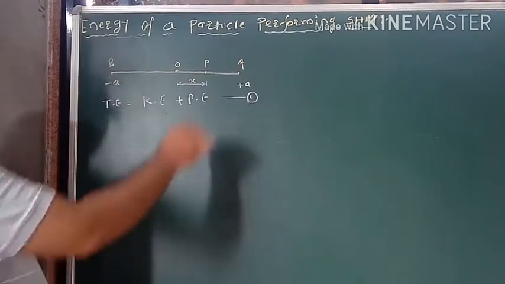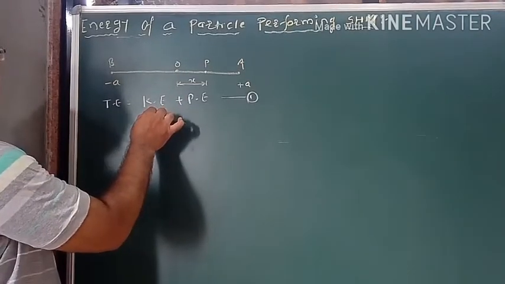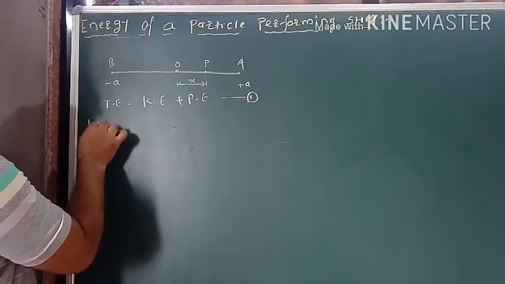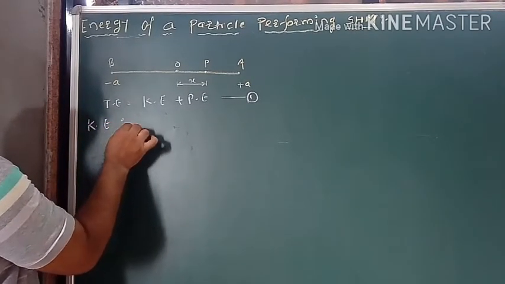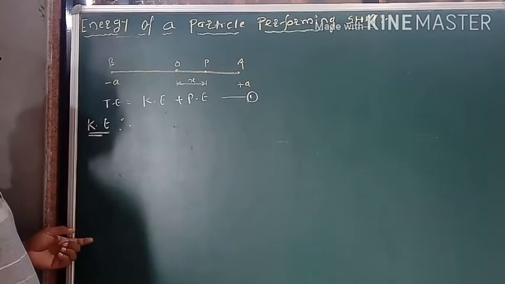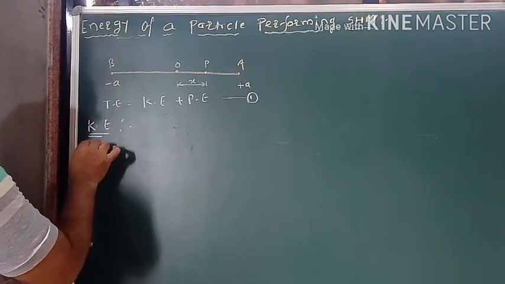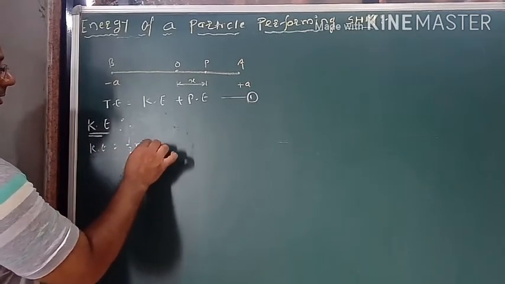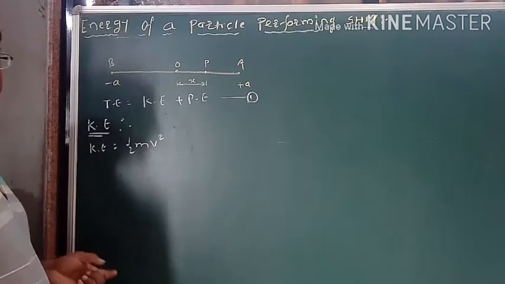First we want to find out the value of kinetic energy at point P. The formula of kinetic energy is half of m into v square.